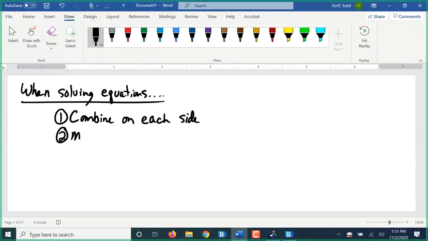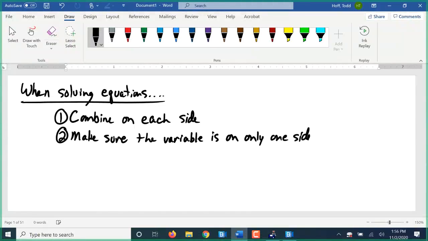Second thing, to make sure the variable is on only one side. Once we've done those two things, then we can solve.